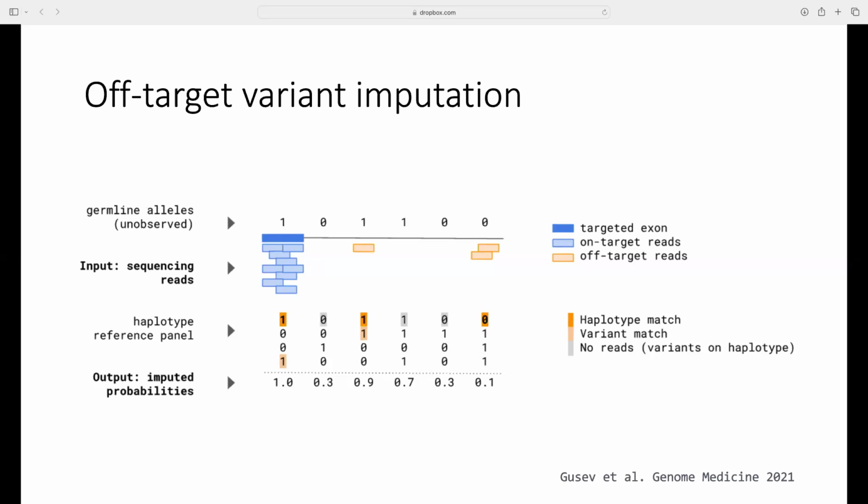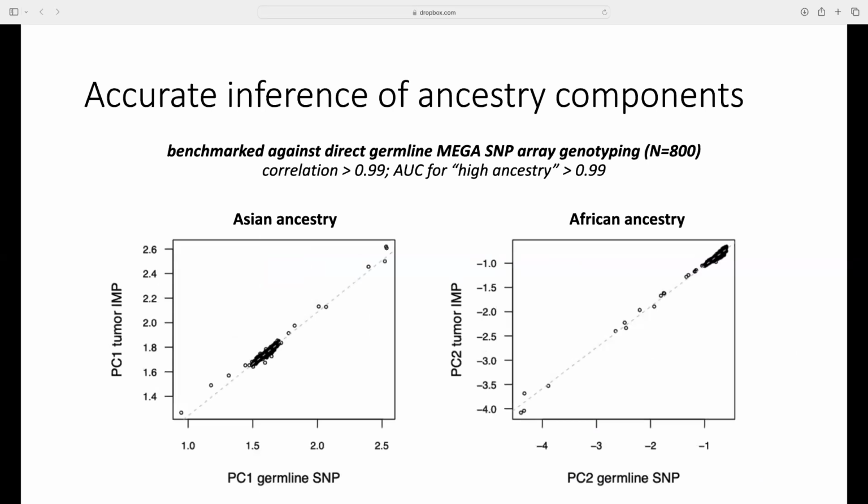And now that we have this probabilistic estimate of inherited germline variation for these 40,000 sequenced tumors, we can then integrate an additional ancestry reference panel. As I mentioned, genetic ancestry is always defined relative to some population, and we infer broad continental components of ancestry in these individuals. Here I'm showing that imputed data being used to infer continental Asian ancestry with a Japanese reference panel and continental African ancestry with a Yoruban reference panel.